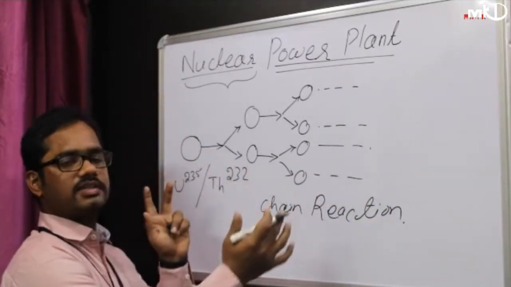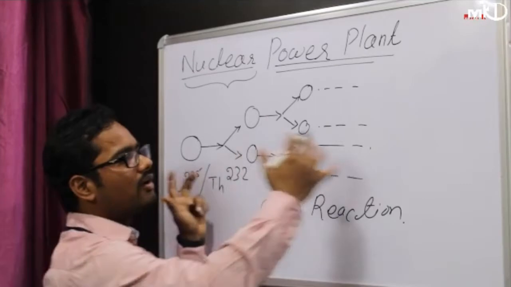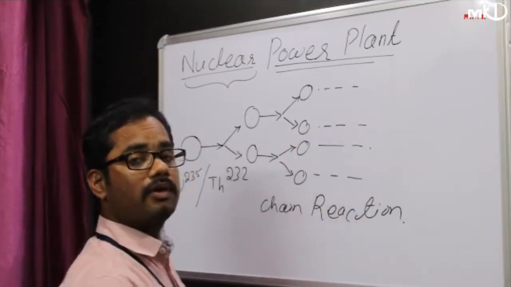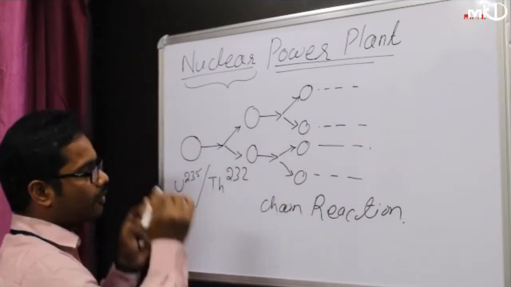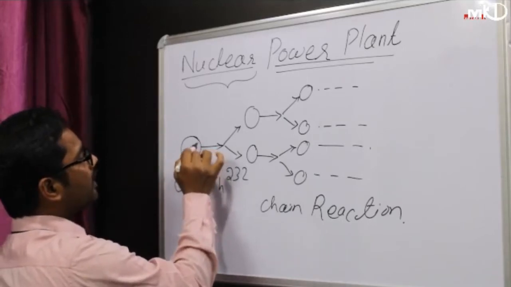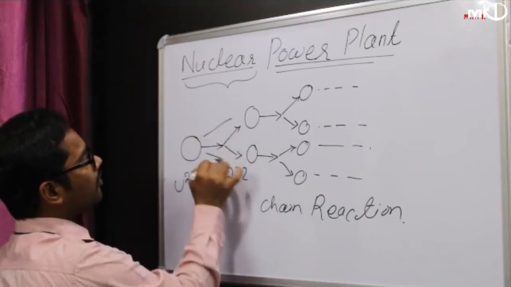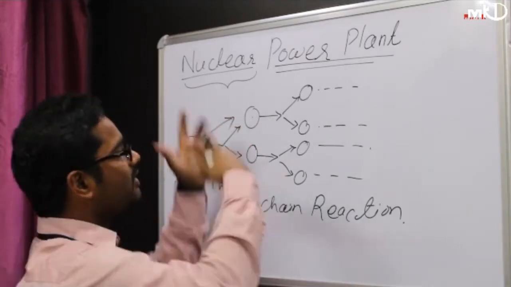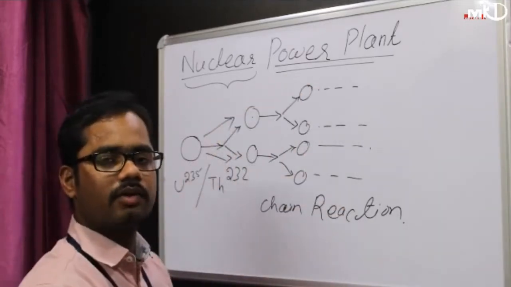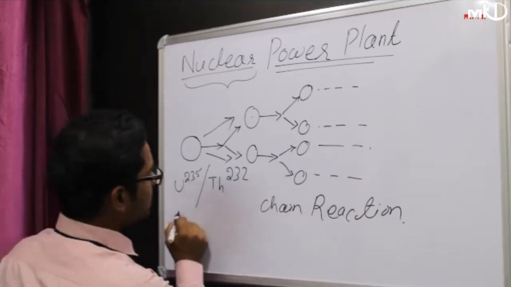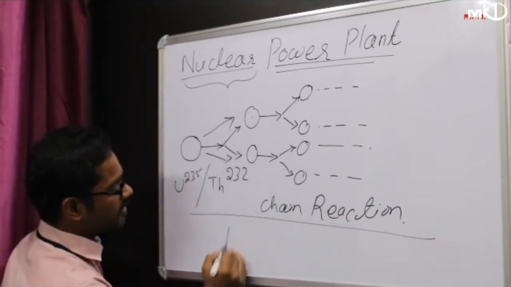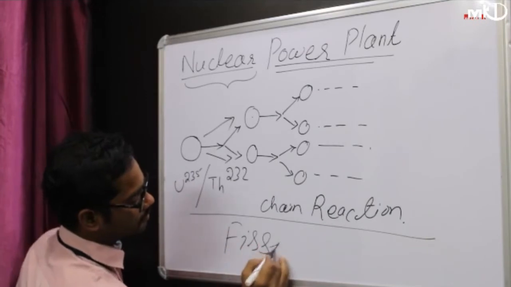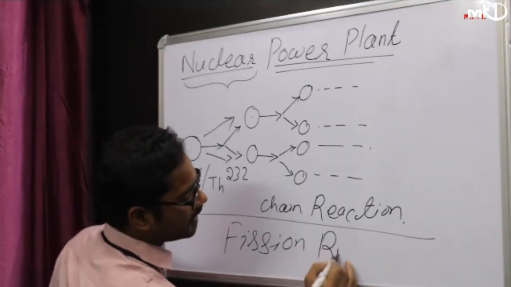With the chain reaction, a huge amount of energy is released, a huge amount of heat is released. The process of breaking one nucleus into a number of nuclei, and the same small nuclei again breaking into more nuclei, this total process is known as the fission reaction.